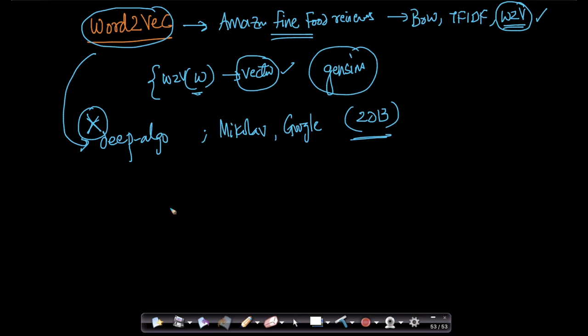But before we go to Word2Vec, let's understand a couple of very simple concepts. Let's assume I have a sentence like this: the cat sat on the wall. Let me define a couple of things. You can take any word and call it a focus word.